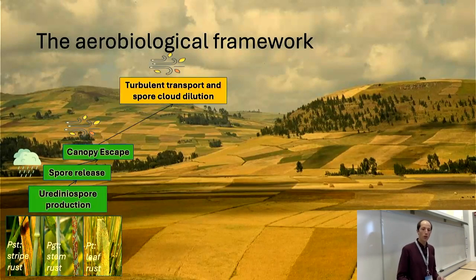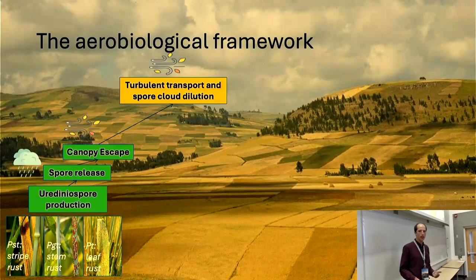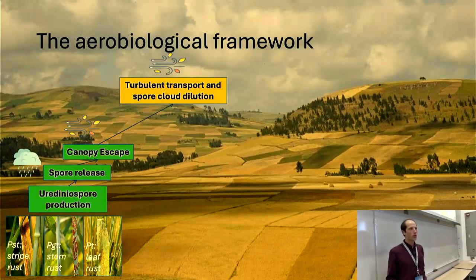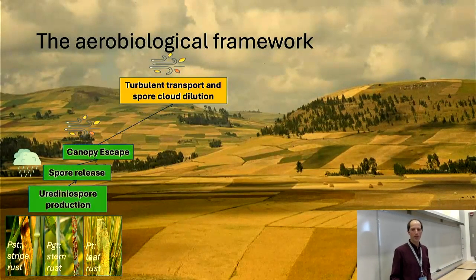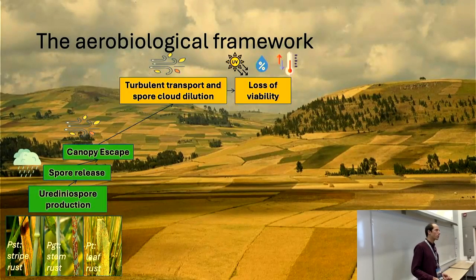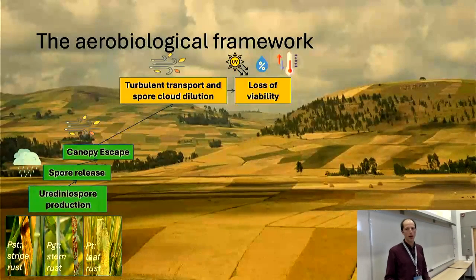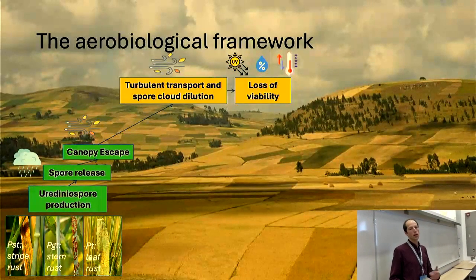And then once they're in the air, there's a number of different meteorological processes at play to transport them, spread the spore clouds, dilute them, and move them around in the different parts of the atmosphere. The spores are also subject to viability changes, so exposure to UV, possible impacts from humidity and temperature on the way. So those are other aspects that need tracking.